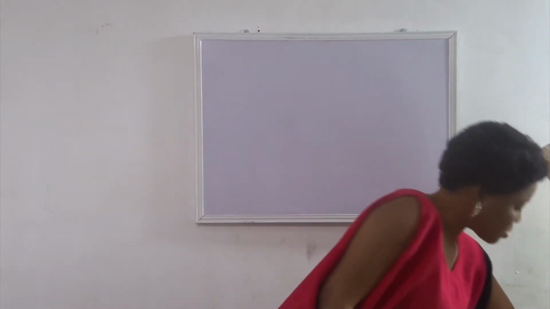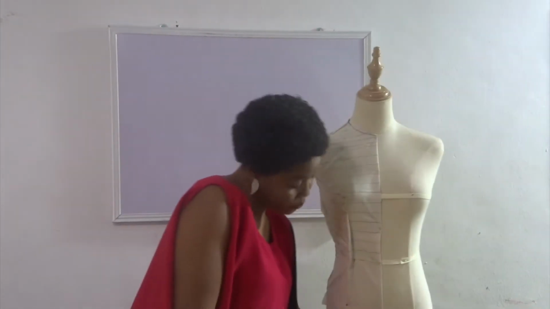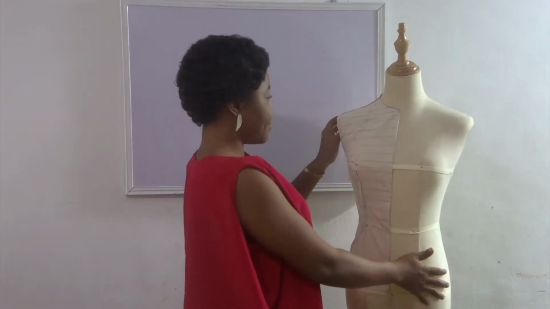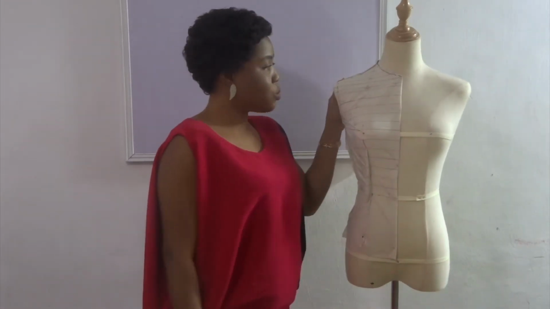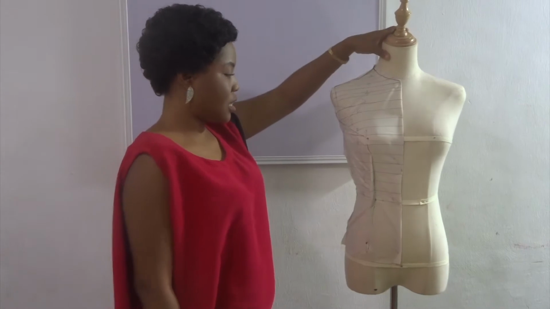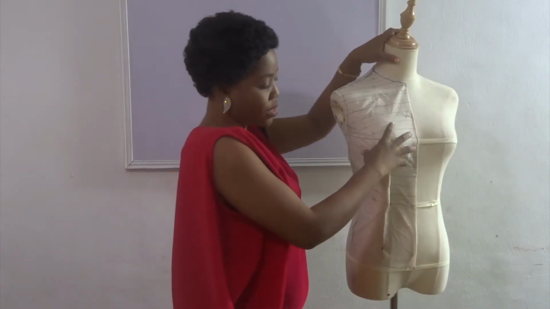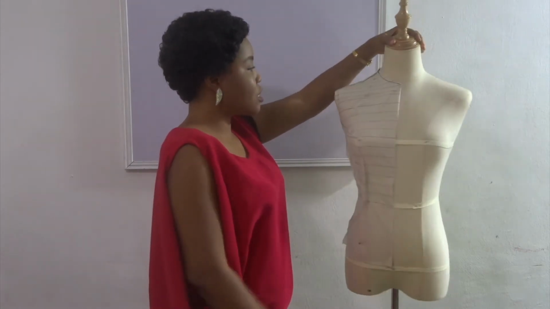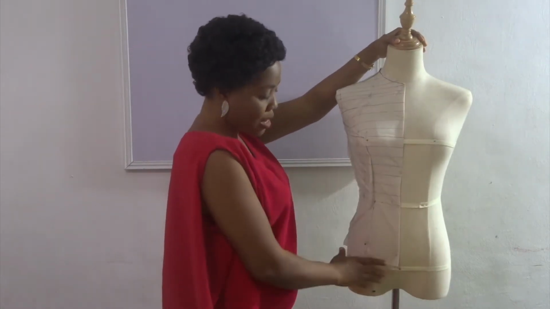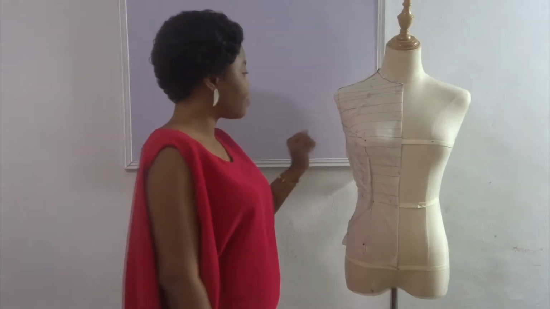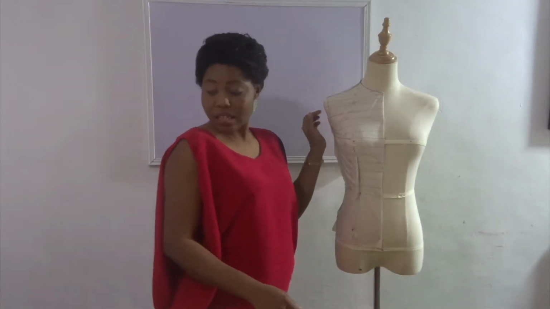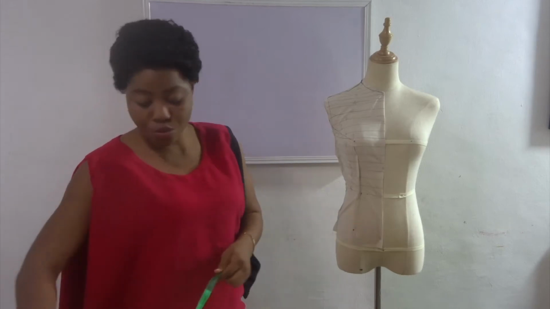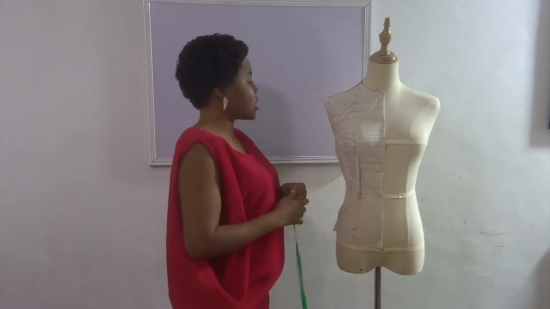I'll be using this body form as our size. You need to understand that the way the female body is, because of the bust area, which the back does not have, the front is usually longer than the back. Hence, this is more updated than our previous bodices, even in measurement.